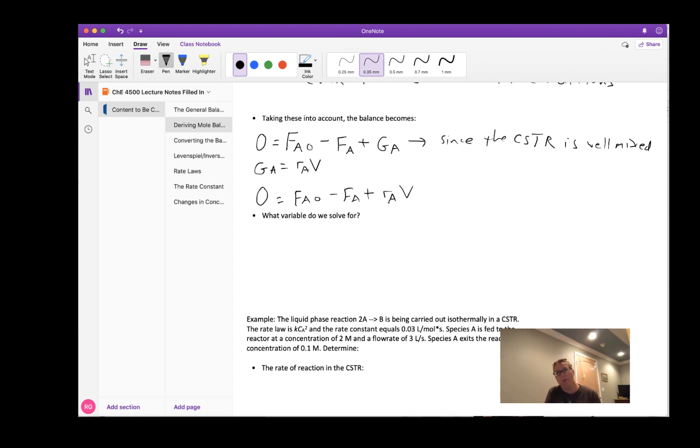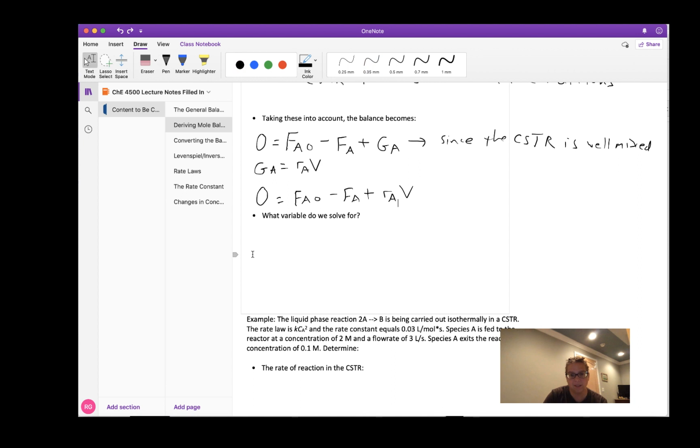We're going to be given a problem that says we need a specific conversion of A or a specific flow rate of A coming out. What volume do we need? Or we're going to be given a problem that says we know the volume, what flow rate of A or what conversion of A can we achieve?